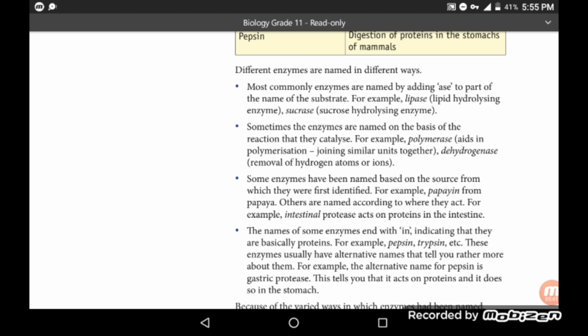Let's take monosaccharides. Monosaccharides join as a single unit and become polysaccharide, the process of polymerization, and different types of polymerase enzymes can be involved in this reaction. And dehydrogenase, removal of hydrogen atoms or ions.